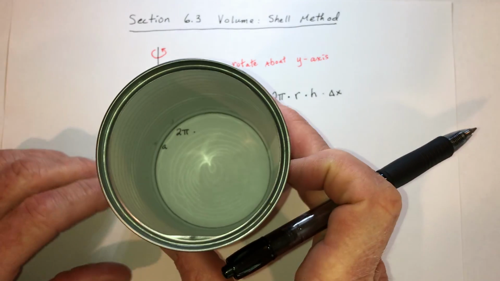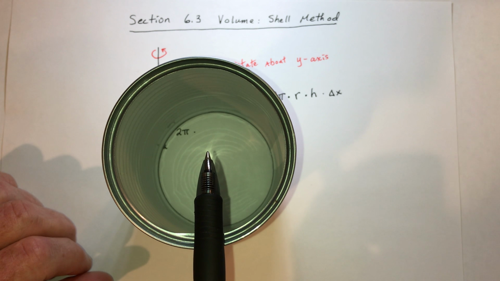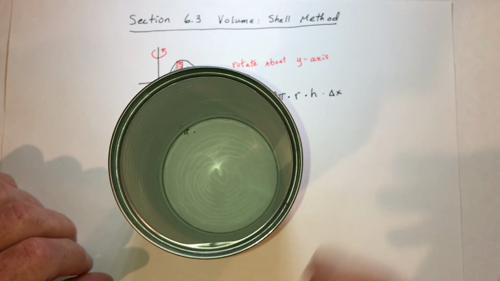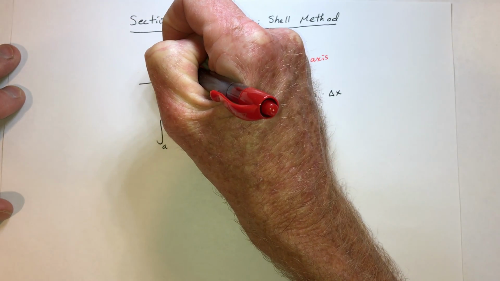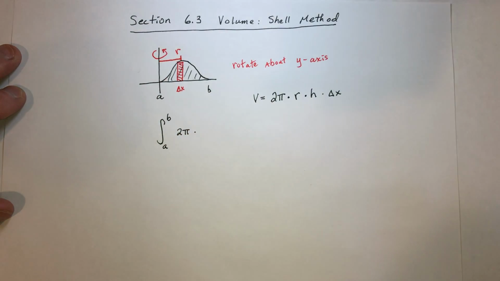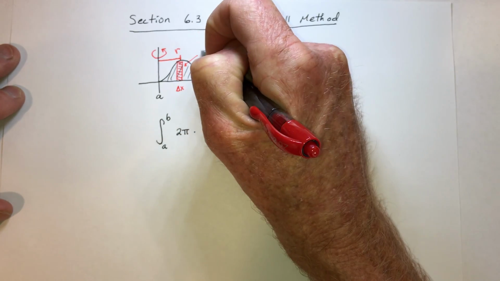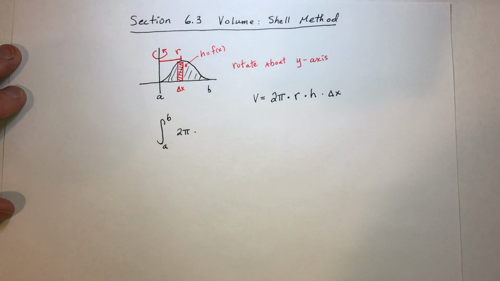So when I had the can right here, the middle, that would be the y-axis. And you measure from the y-axis over to the middle of this metal part. So the radius is measured from the y-axis over to the middle of this rectangle. That is the r. And then the height is the height of this function. So that would be the function f of x.